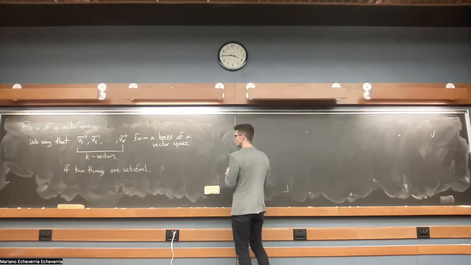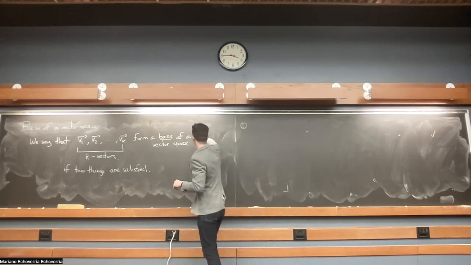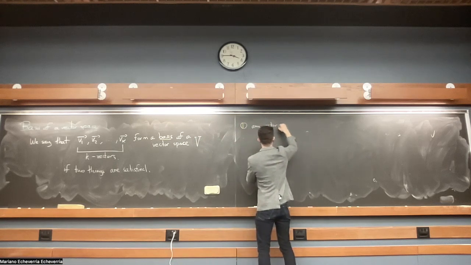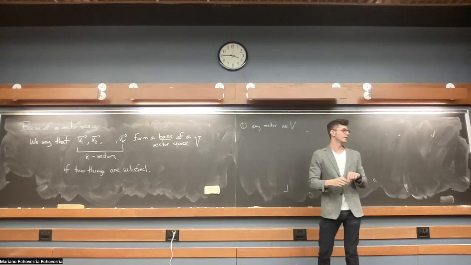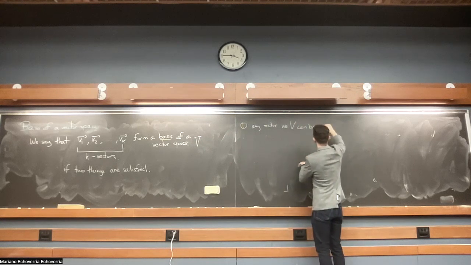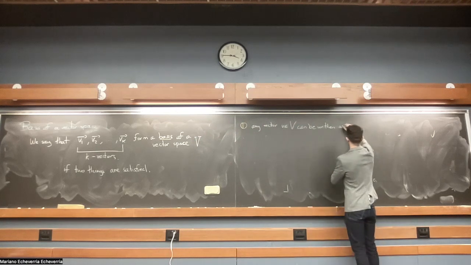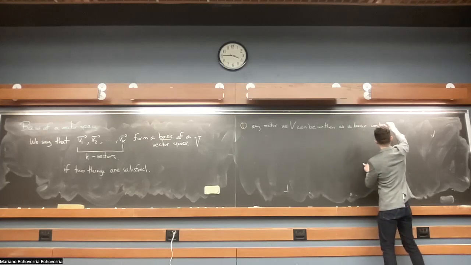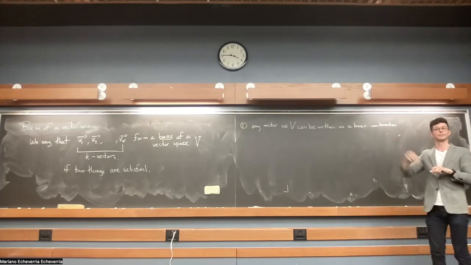So the first property is that any vector v of the vector space V can be written as a linear combination of the basis vectors. Again, I'll do this very concretely in a second.